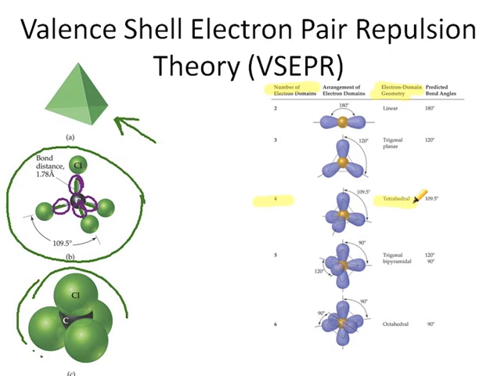When you have a tetrahedral, your bond angles are going to be 109.5. That means that between every atom that's connected to the central atom, there's an angle. If we measured it with our little, what is it called, a protractor? Protractor, yeah. There is a bond angle of 109.5. Okay?